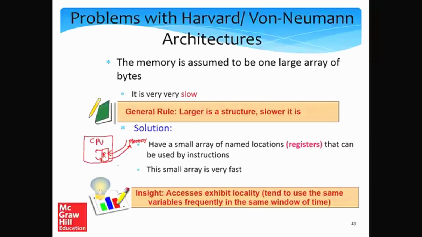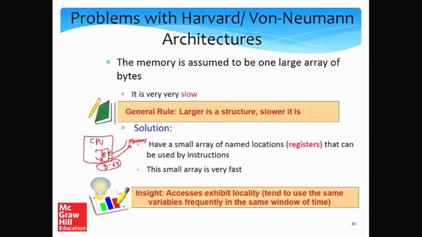Typically we will have somewhere between 8 to 64 registers, and this makes accessing the set of registers extremely fast. The reason this paradigm works is that accesses exhibit locality, which means that you tend to use the same variables frequently in the same window of time.